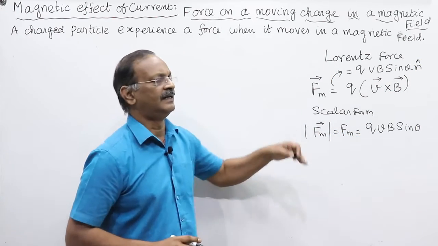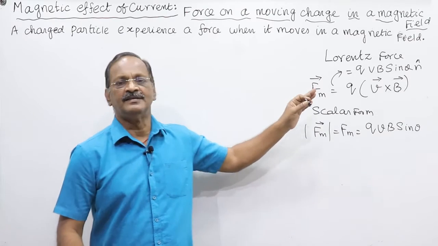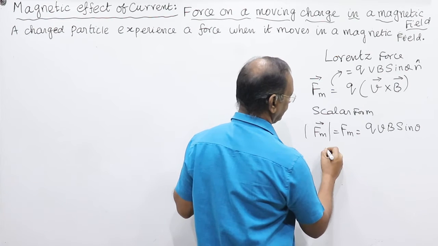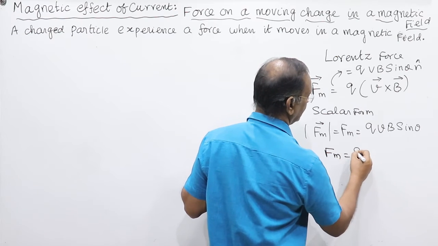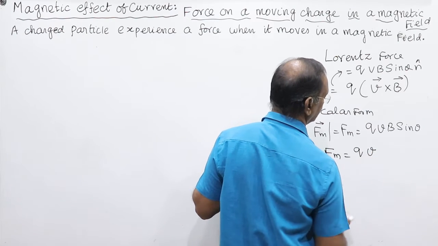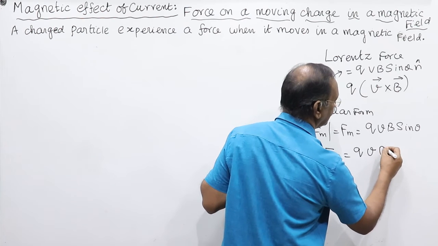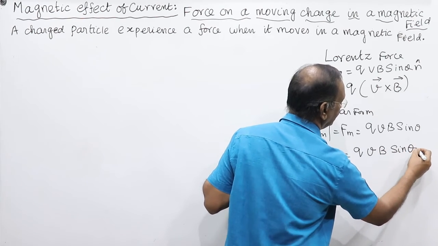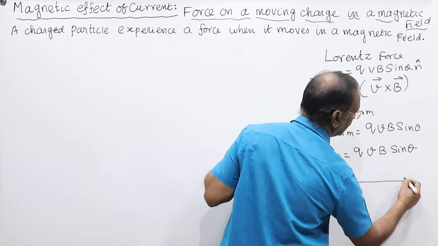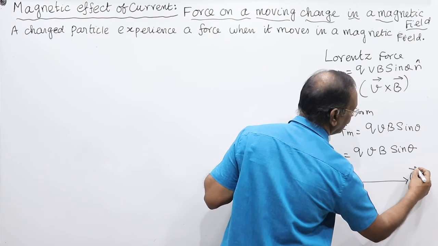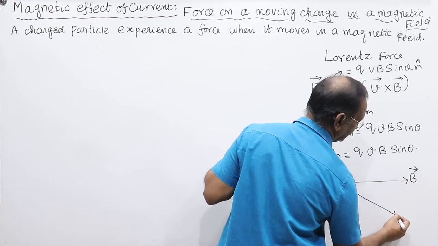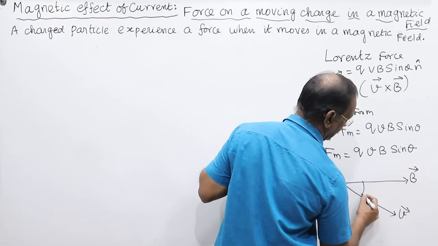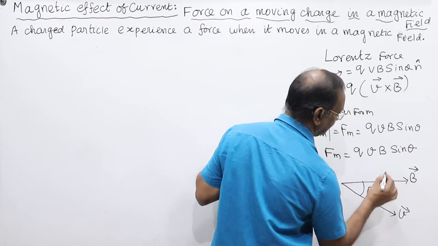This we will see in a later part when we see the direction of the magnetic force. So F_m is equal to charge, times the velocity of the particle moving in the magnetic field, times the magnitude of the magnetic field, times the sine of the angle between them. This is the direction of the magnetic field, and this is the direction of V, and the angle between V and B is theta.